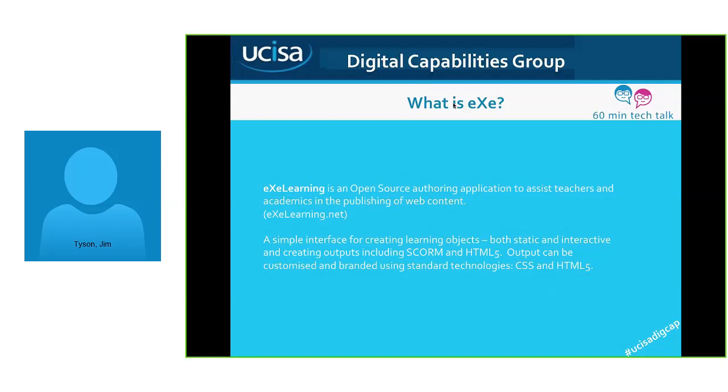And it's wrapped around them to make it easier for the non-specialist to author learning content. It's very simple to use, and you can use it to create both static learning objects and some interactivity in more dynamic learning objects. And they can be output as either SCORM or HTML5. There are one or two other formats, but those are the two important ones.